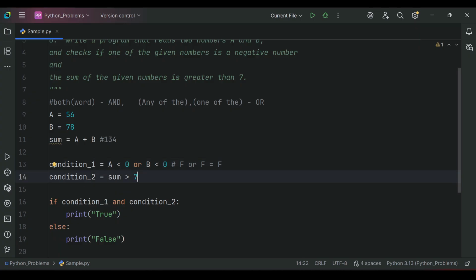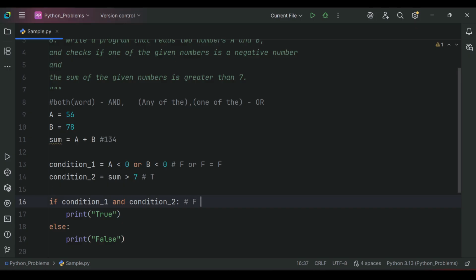Here also sum is equal to 134, which is greater than 7, then it's true. Here now condition 1 is false and condition 2 is true.